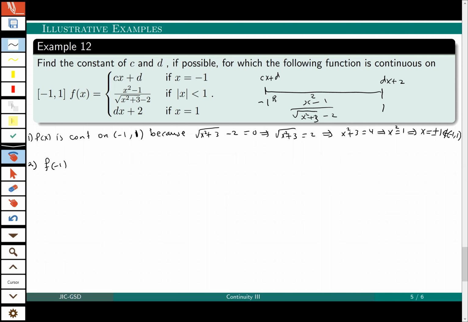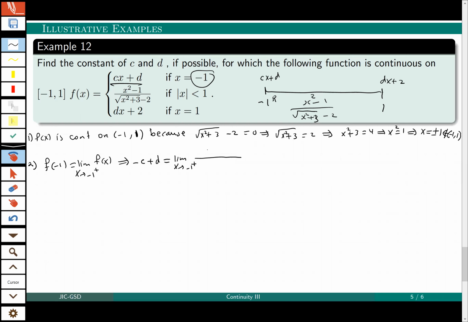The second condition, we need f at minus 1 to equal the limit when x goes to minus 1 from the right. And that means when I substitute minus 1 here, I get minus c plus d, which must equal the limit when x goes to minus 1 from the right.